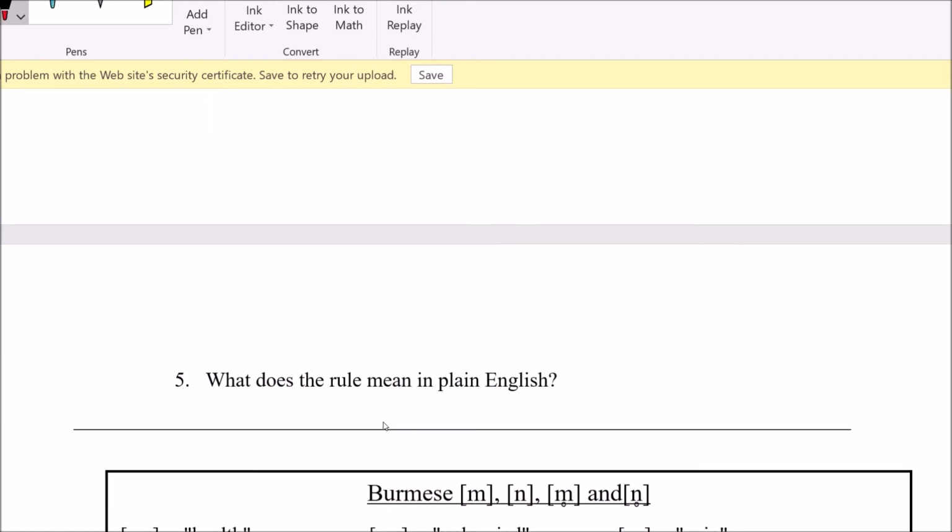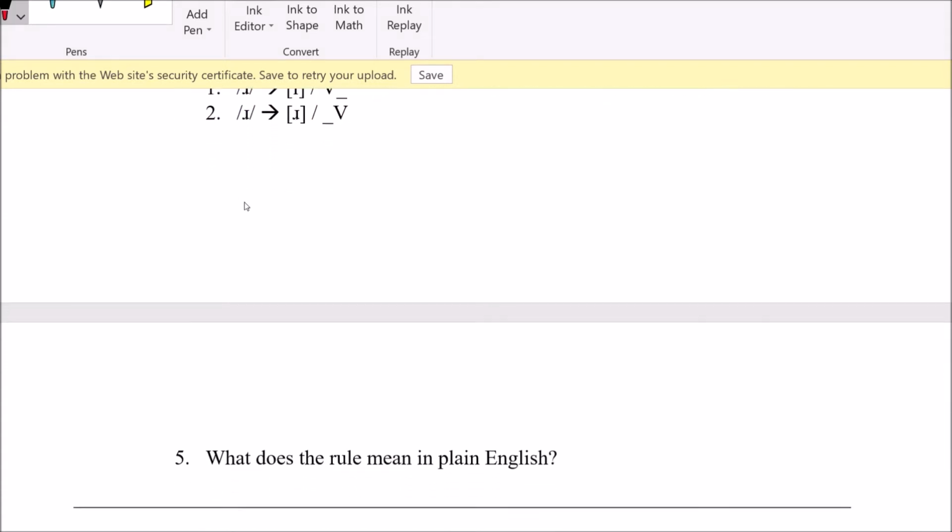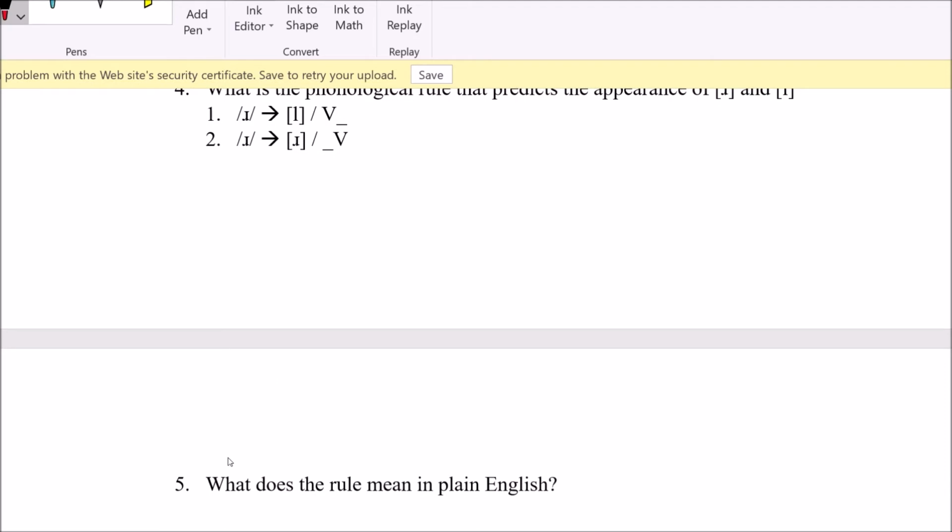So we are going to explain it more simply in plain English, what I ask you to do. And that is basically going to be to say what each rule means just in simple, plain English words.